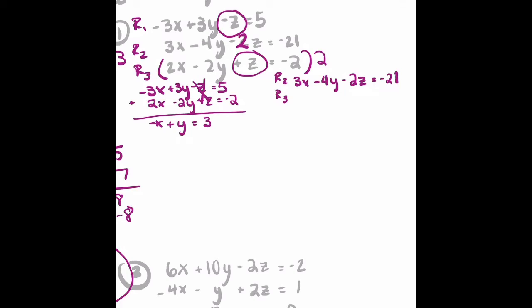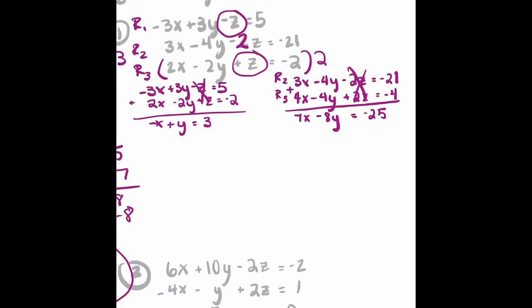And then I'm going to multiply that whole row, row 3 by 2. Then I'm going to add the rows together. So I get 7x minus 8y equals negative 25.